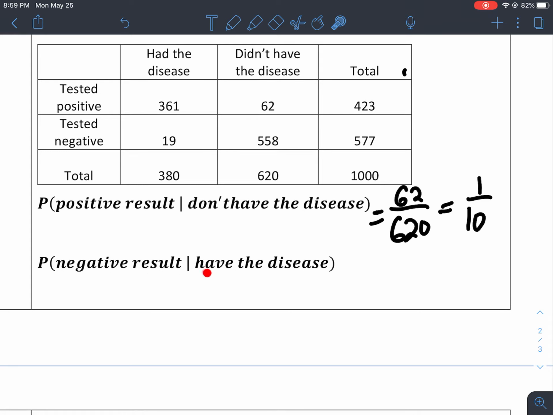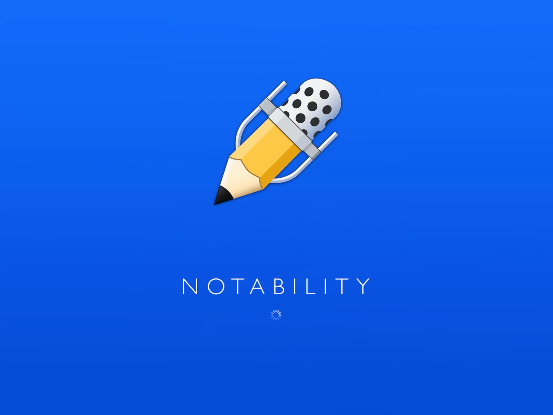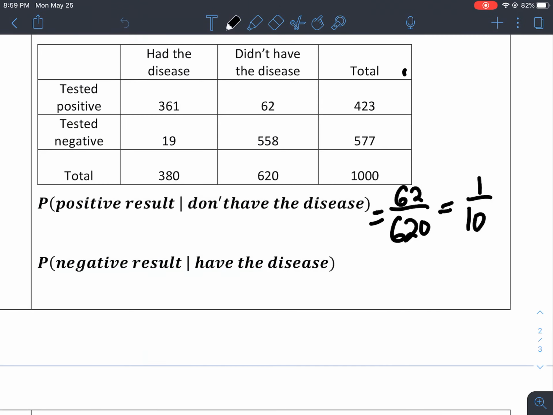And how many people got a negative result who have the disease? So how many people had the disease but the test missed it? Well, this one looks like it's going to be better. So, how many total have the disease? 380.